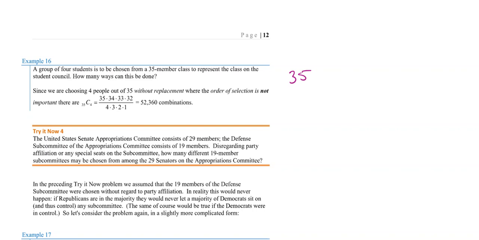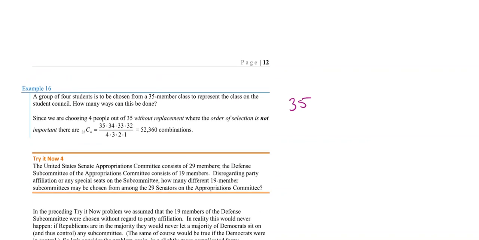It's not a race situation like in the last lesson, where it was how many ways can someone finish first, second, and third, right? They're just on a council. I don't care who's first in the council, second, or third. They're just on the council. So what we're going to do is divide out all the different ways that the order could be rearranged for the members of that council.